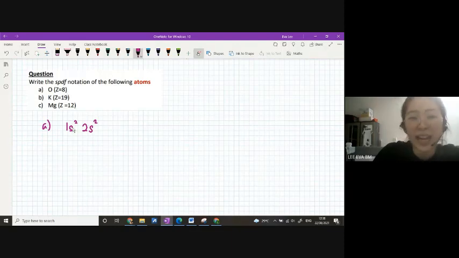After 1s and 2s, it comes to our 2p subshell. For the p orbital, we know the maximum number of electrons is 6. But we are left with just 4 more, since 8 minus 4 leaves 4.